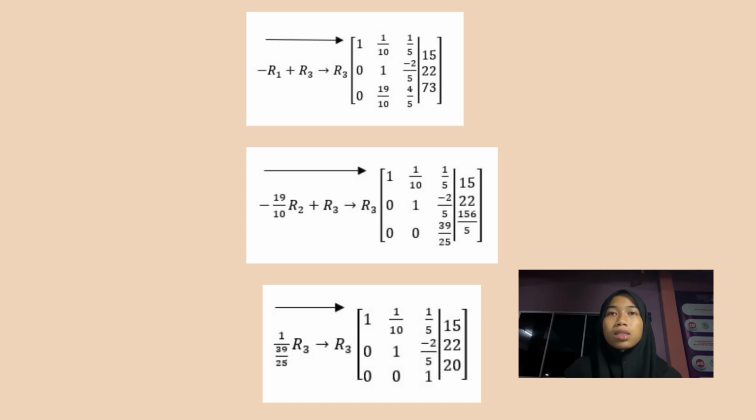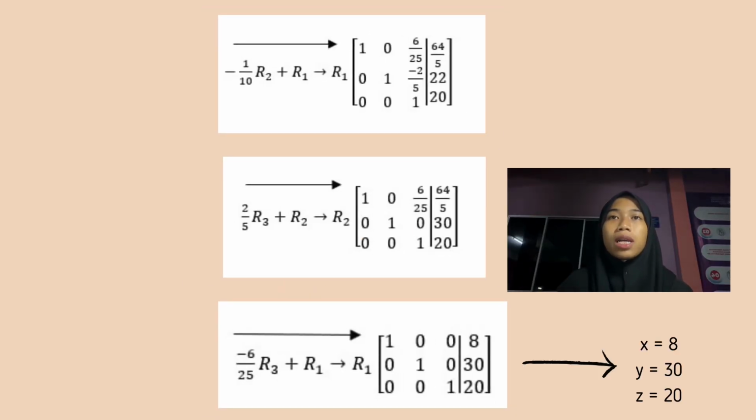So the answer is 0, 0, 39 over 25, and 5. The next step is we want to change row 3 to a leading 1. The calculation is 25 over 39 R3. So the answer is 0, 0, 1, and 20.